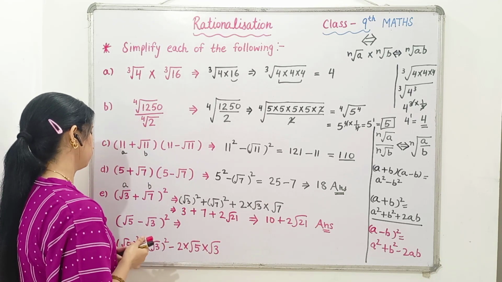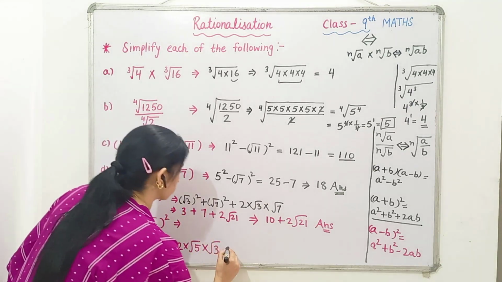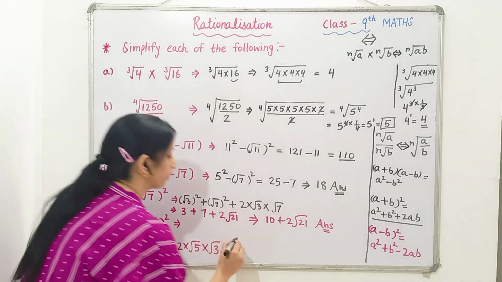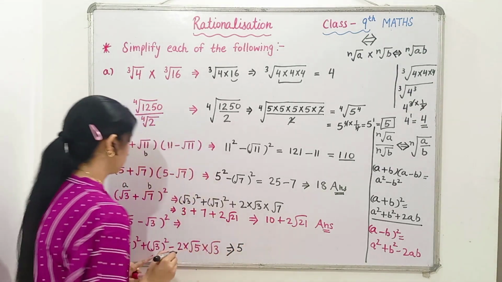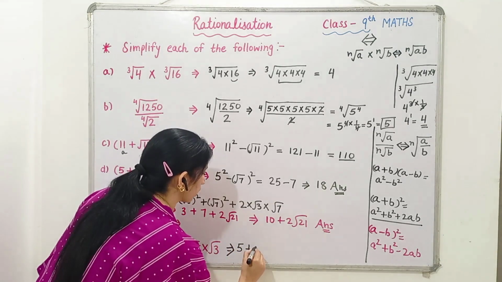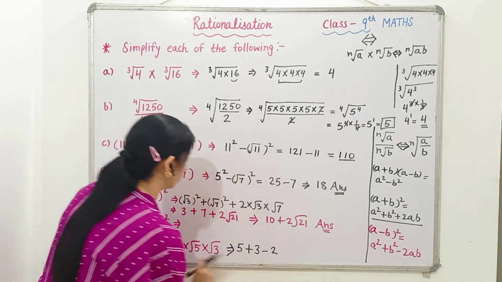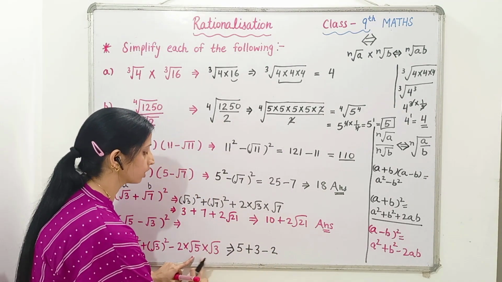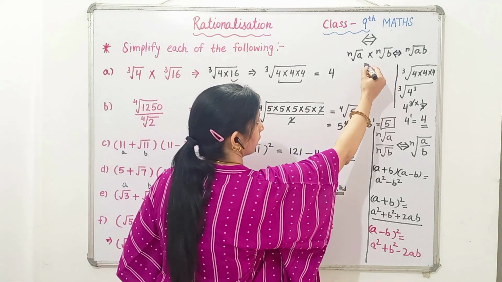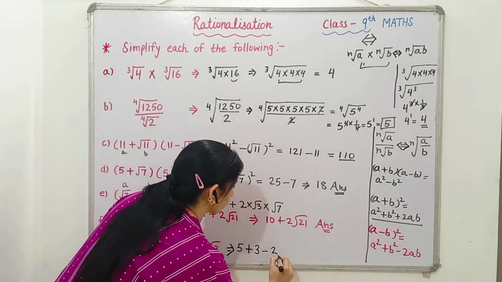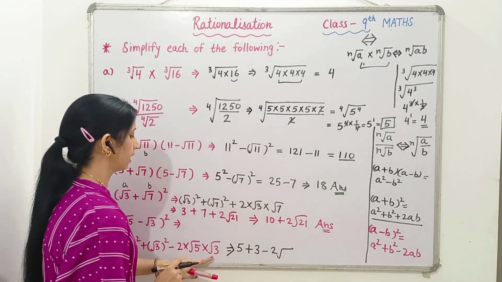Now let's solve it. Root 5 square will be 5 plus root 3 square will be 3 minus 2. We can multiply this, it is again root a multiplied by root b like this. So we can multiply a and b and put the symbol of root, and we multiply 5 and 3.